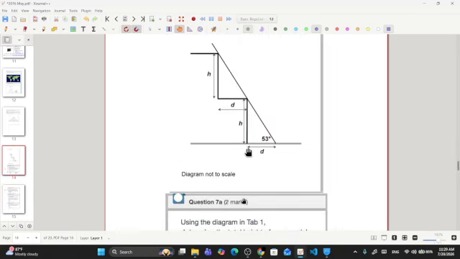This one. Now, we have to calculate the value of the depth, right? So this depth is going to represent the base, and this h is going to represent the perpendicular. Be very careful with what you label.